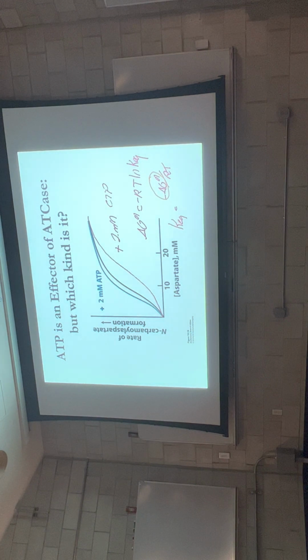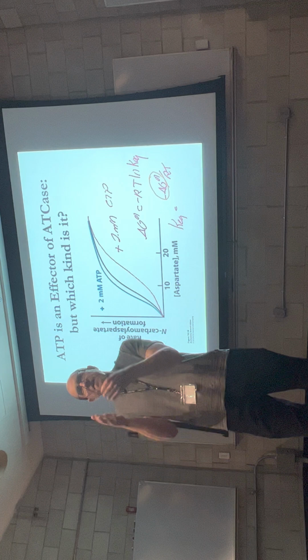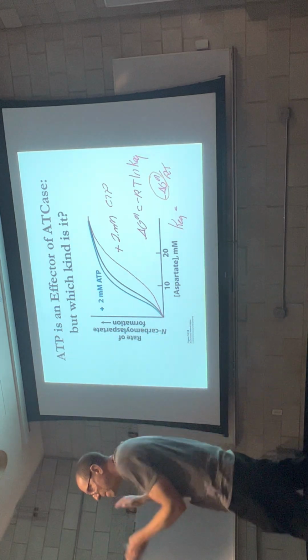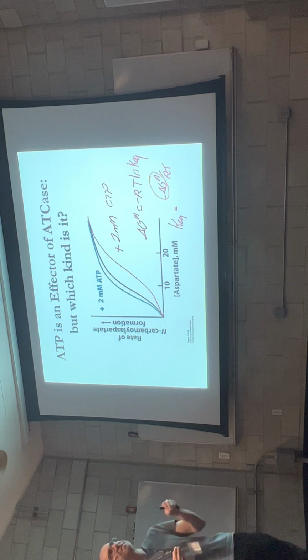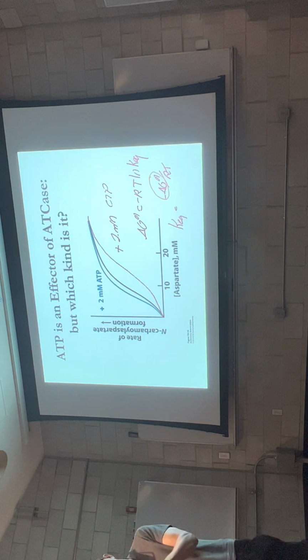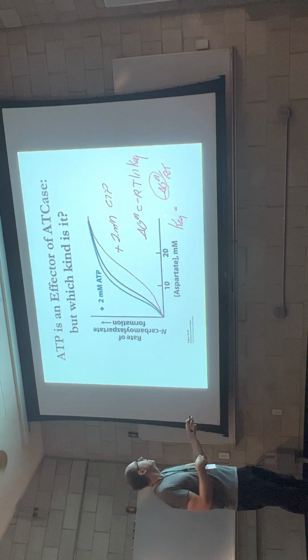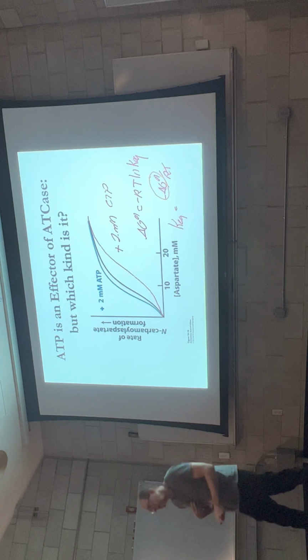We have ATP in the cell, CTP is in the cell, aspartate is in the cell, right? All of these things, as their levels are going up and down, this amazing enzyme is exquisitely sensing the presence or absence of these things, the changes, and those changes in the energies of those interactions affect the equilibria, which then ultimately determines what these curves look like.